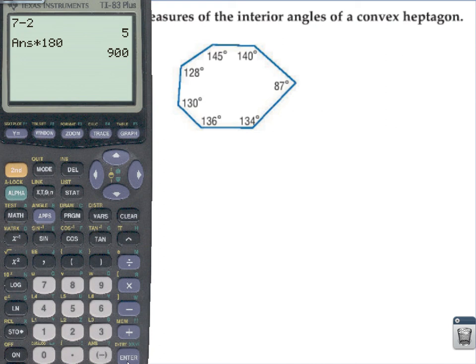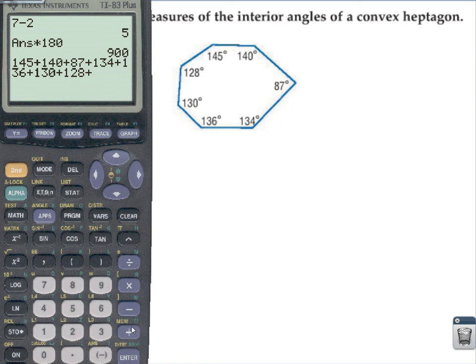We good there? So let's see what they add up to. I've got 145 plus, watch me as I type this in to make sure I don't miss any, plus 87 plus 134 plus 136 plus 130 plus 128 plus 145.